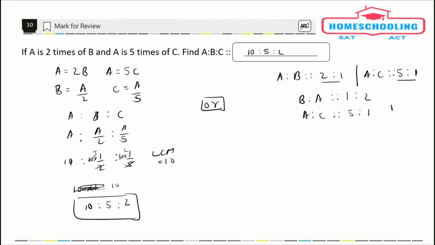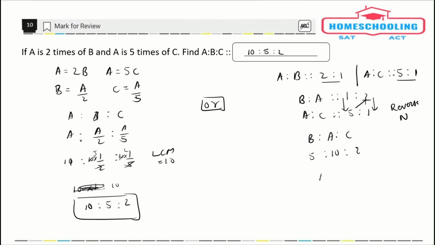Now by using the reverse n method, as we can see, A is common here, so B, A, C would be 1 into 5, 5, 5 into 2, 10, and 2 into 1.